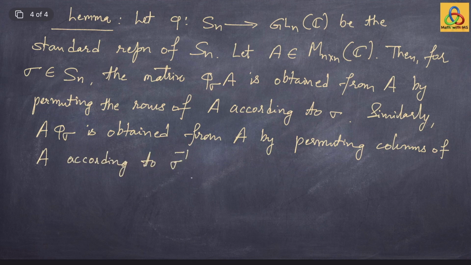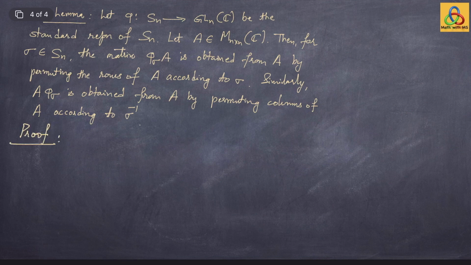I have rephrased this result in the form of representation theory, but it's a basic fact that if you take any matrix and pre-multiply it by a permutation matrix, then that can be obtained from A by permuting the rows of A according to the permutation sigma. Similarly, if you post-multiply a matrix A by a permutation matrix, that can be written directly from A by permuting the columns of A according to sigma inverse. Proof. Consider this product.